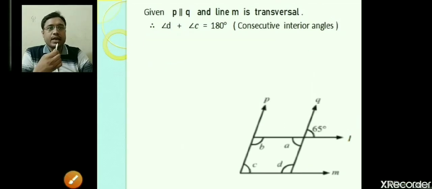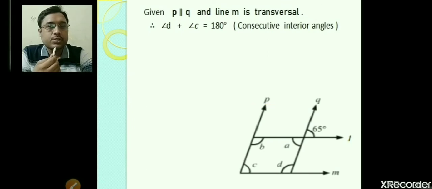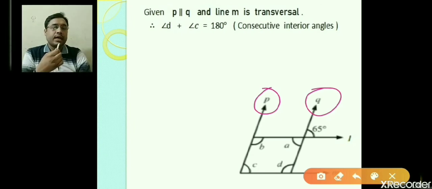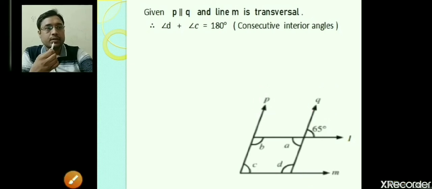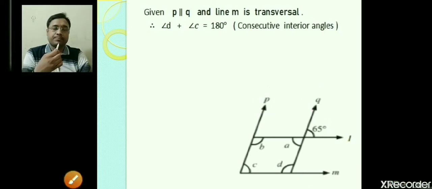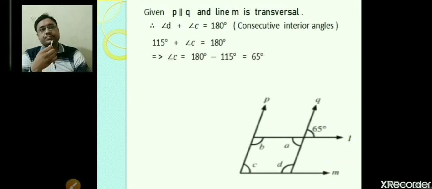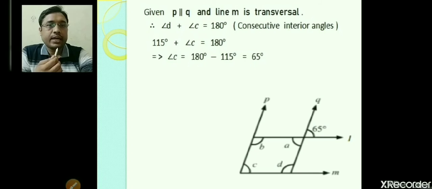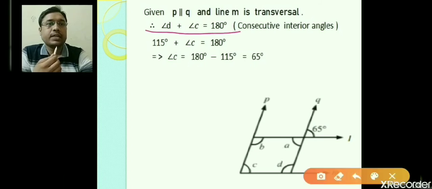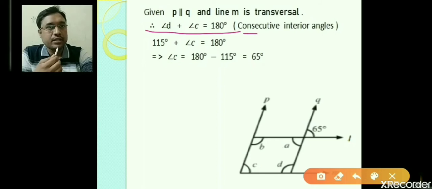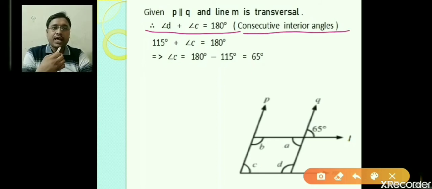Now next, here you can see the lines P and Q are parallel. These two lines P and Q are parallel lines and they are intersected by the transversal M. Then angle D plus angle C equals 180 degrees, because again these two are a pair of consecutive interior angles.